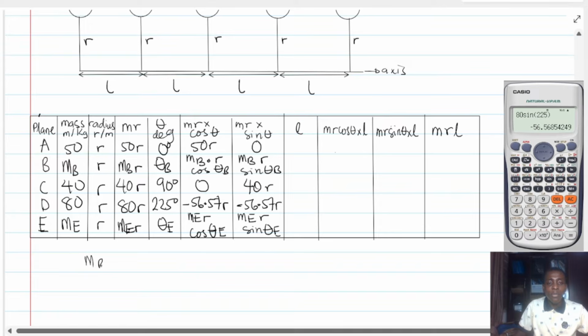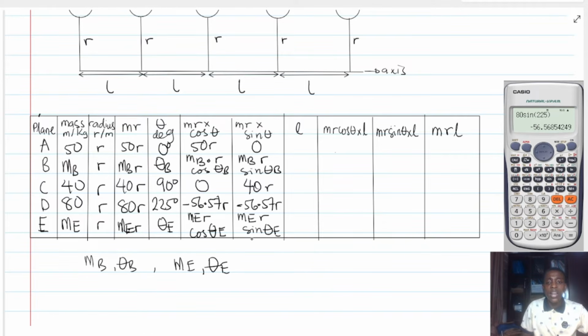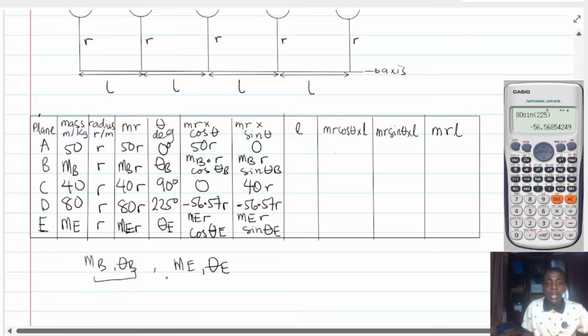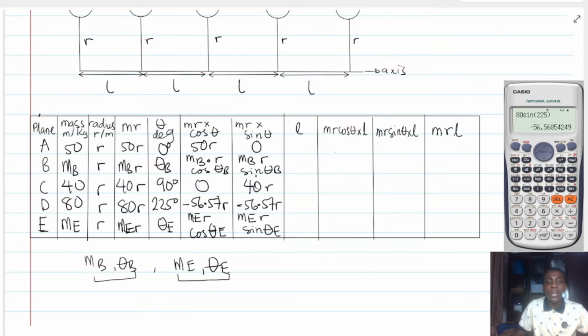So I need to find MB sine theta B. I need to also find ME and then theta E. Now, it is a good choice to take moments about one of these points. And so usually I prefer choosing a point with many unknowns. Now, I can do it either at B or at E, because B and E relatively have many unknowns. So the choice is yours.